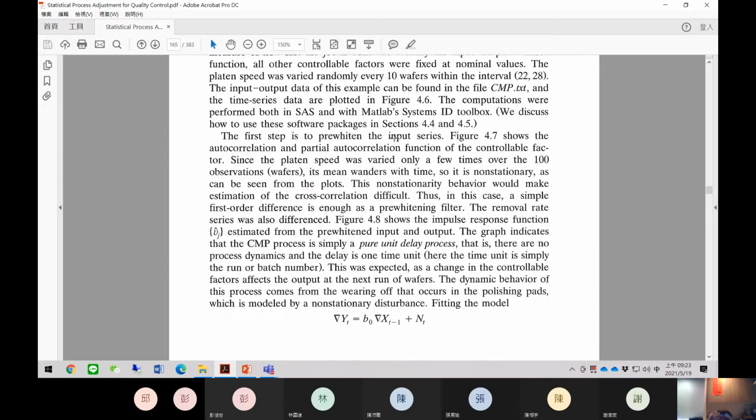In this case, the graph indicates CMP is simply a pure unit delay process. That is, there is no process dynamic, and the delay is only one time unit. Look at this one. This is called a pure unit delay process, since this is deadbeat control with respect to the differenced data.